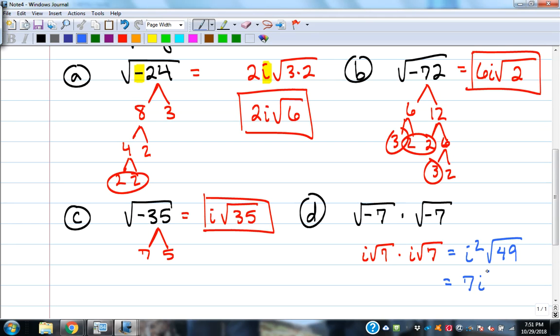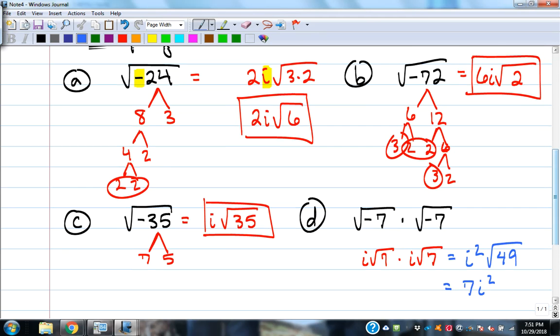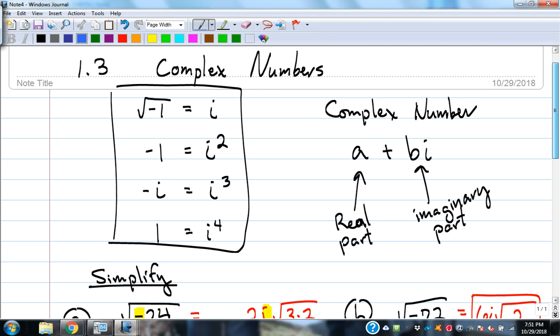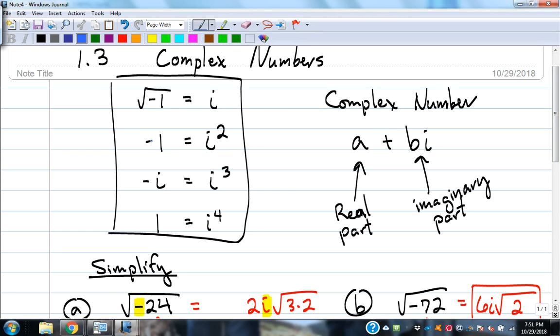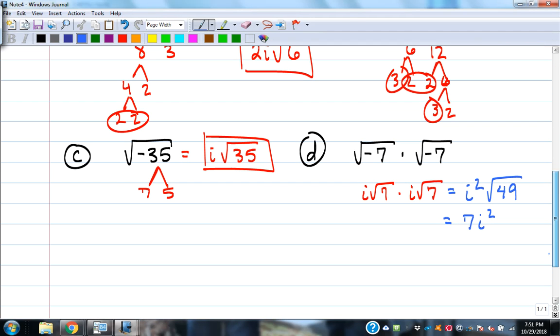So we have 7i squared. What do we know i squared really is in our chart? -1. So we're going to replace i squared with -1. So we have 7 times -1, which really is -7.